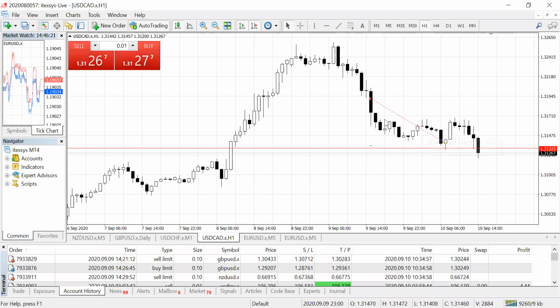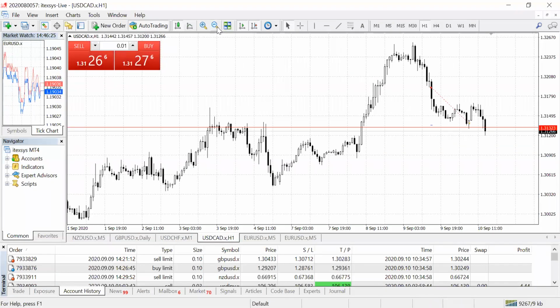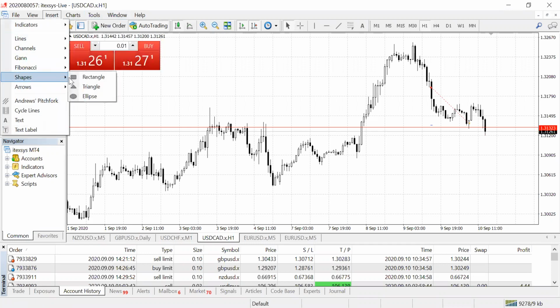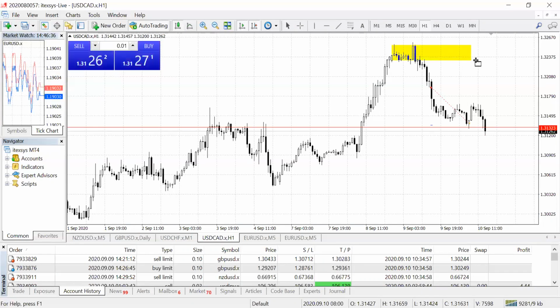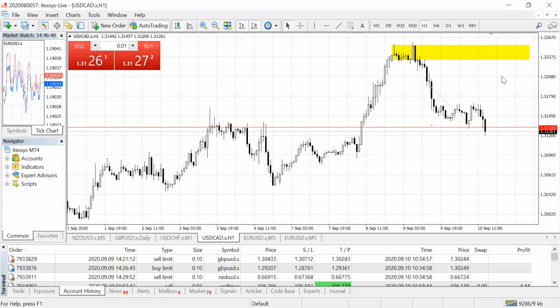If I go here, what's this chart? This is the USD CAD. If I go to the hourly chart, I identify this area as a supply area. So I could trade that on the hourly chart, wait for price to come all the way here, and then take the trade and hold it through the day, correct?